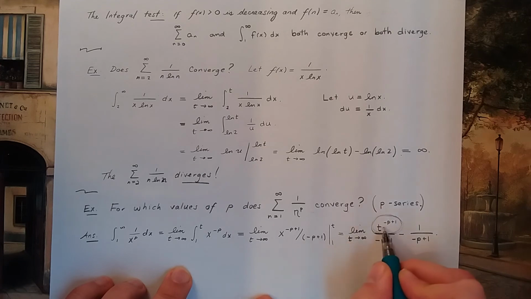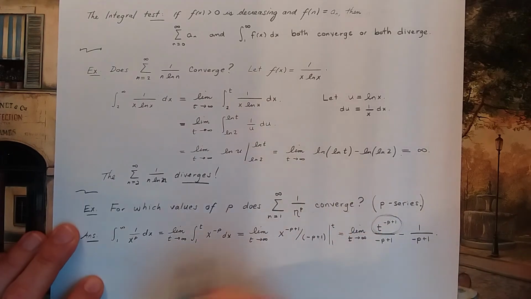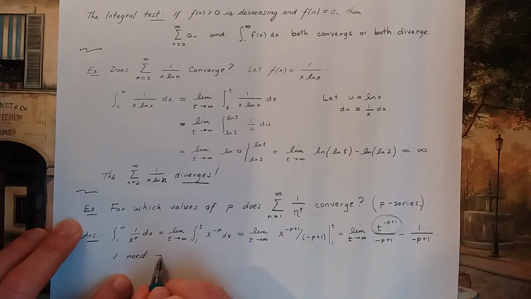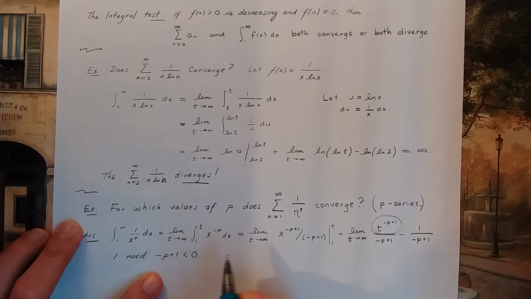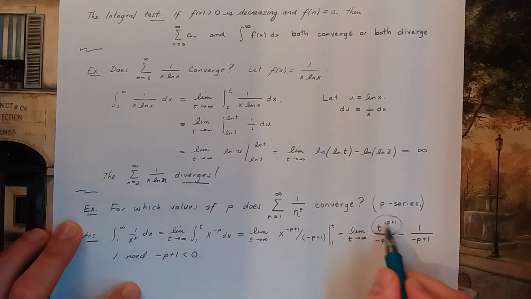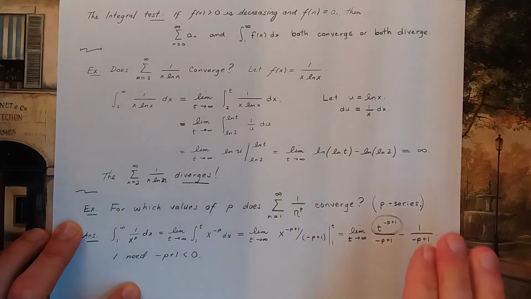I'm taking the limit of powers of t. I need the exponent here, which is negative p plus 1, to be negative. If the exponent is negative, then powers of t get smaller and have limit 0.